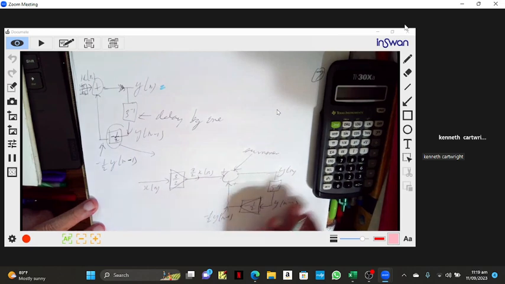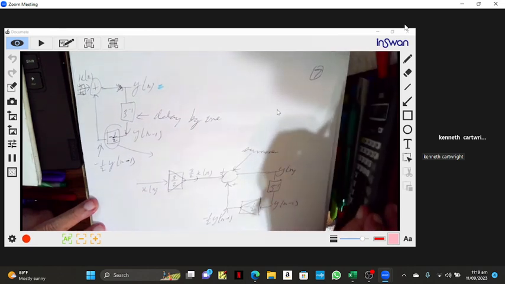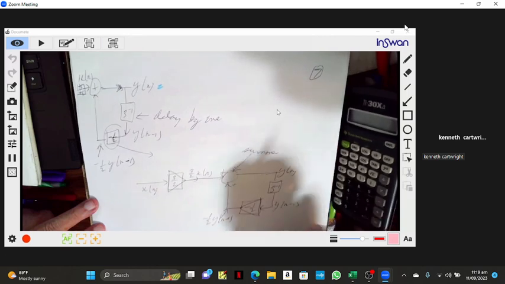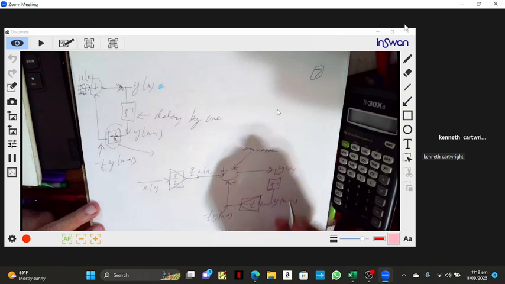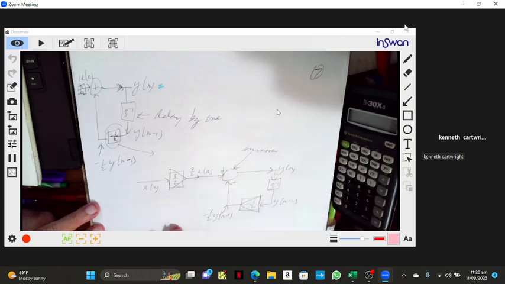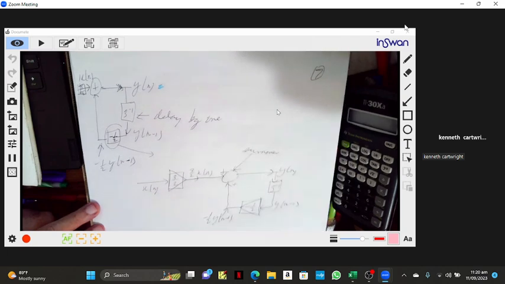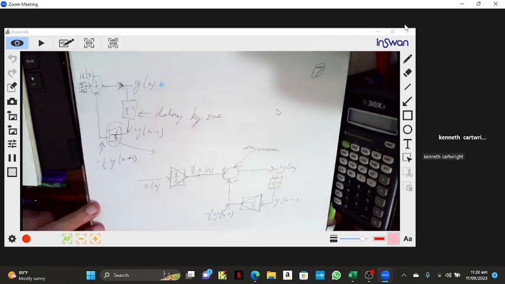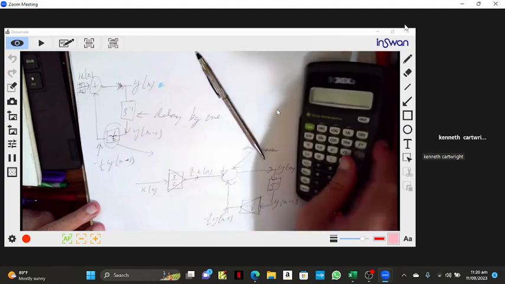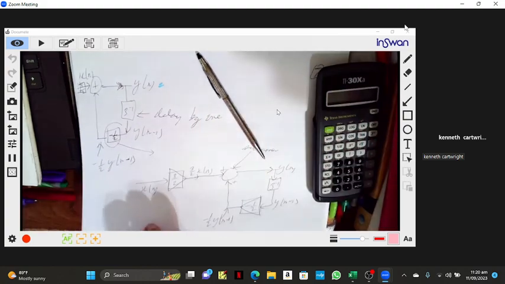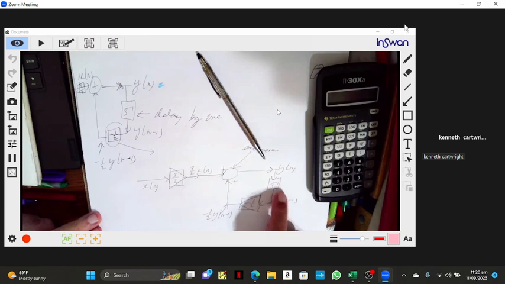Can you not see that this diagram tells you exactly what the equation is telling you? Is that not self-evident? In digital, it's really easy to create this delay of 1. Not so much in analog.